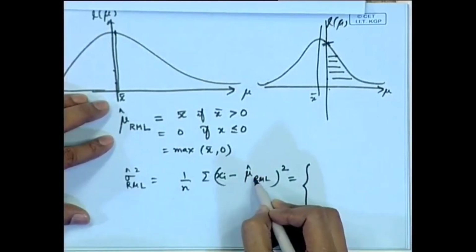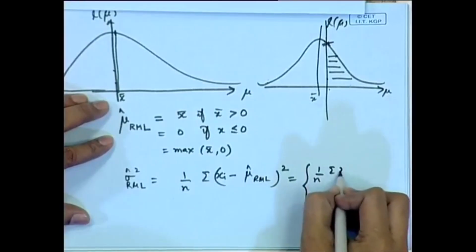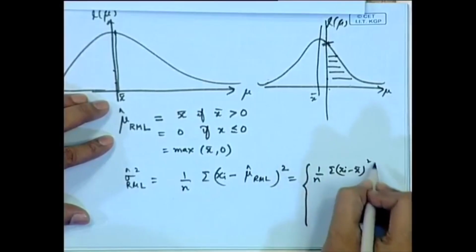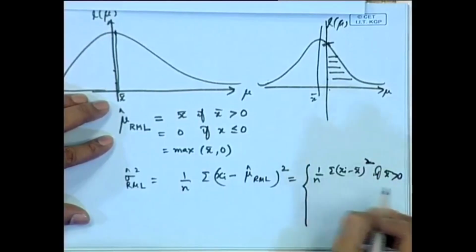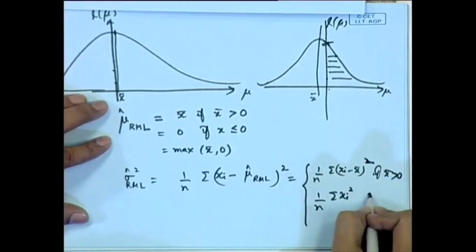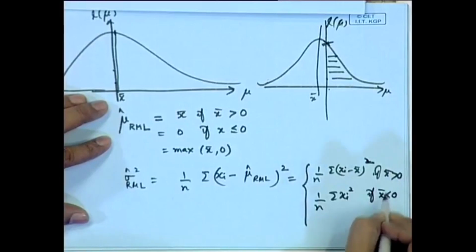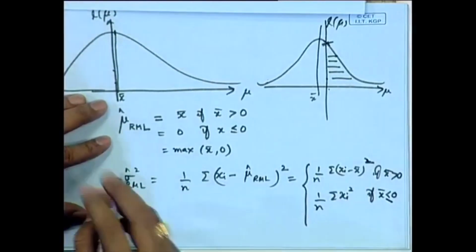When x bar is positive, this is the old one, that is 1 by n sigma x i minus x bar whole square, if x bar is positive. It is equal to 1 by n sigma x i square if x bar is negative or less than or equal to 0.